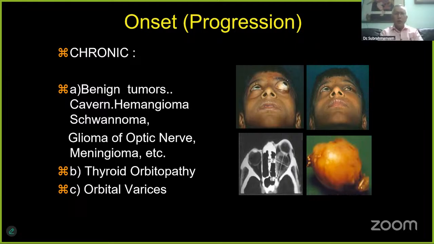Chronic is more than 1 month of disease duration. The common things are benign tumors like a cavernous hemangioma, where the history may be 1 to 2 years or even more. Similarly, schwannoma, glioma of the optic nerve, meningioma, etc. Or thyroid orbitopathy, as long as there is no inflammation and pain and no optic nerve compression, usually the patient has a chronic presentation.